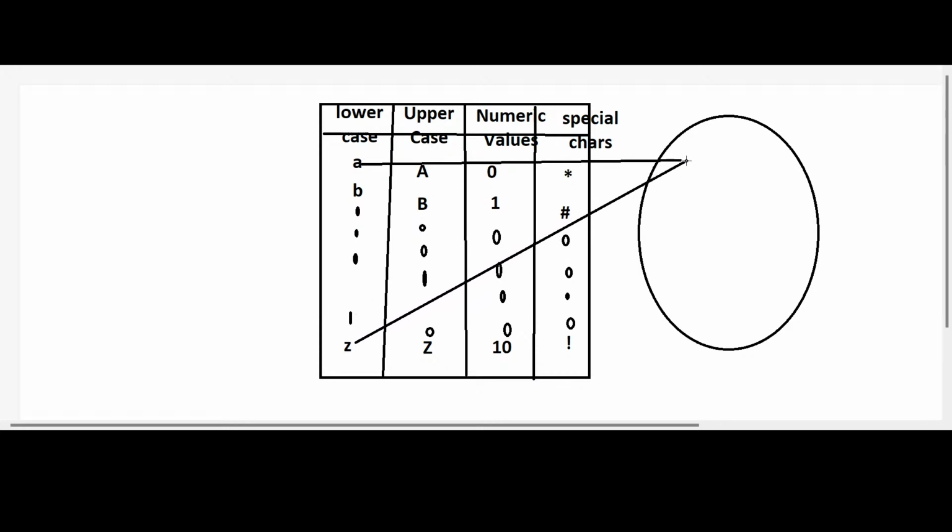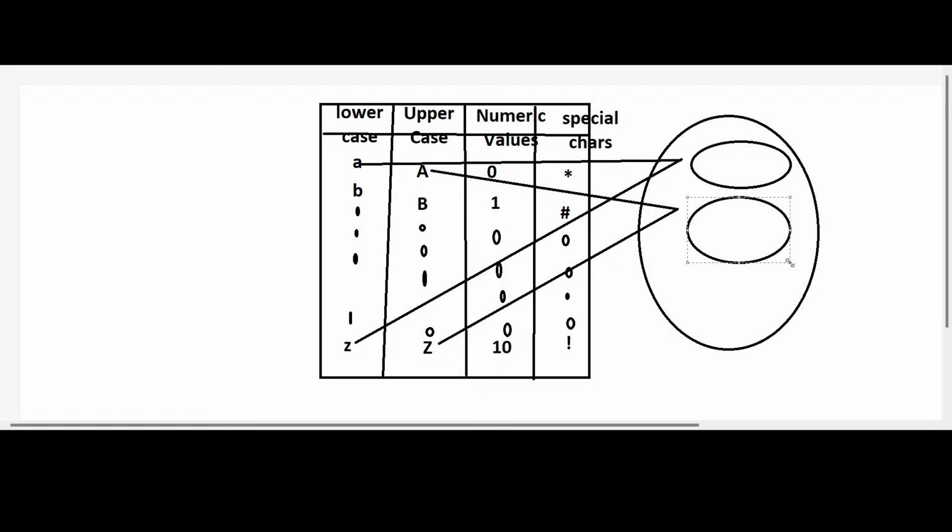In the same way we can consider it as one group, one validation. Then we take the next group for uppercase letters, from A to Z, whether it is producing the right output or not. In the same way we can test with numerical values, whether it is producing the right output.